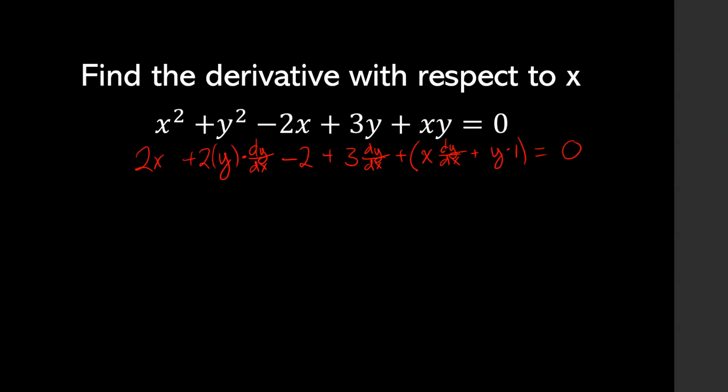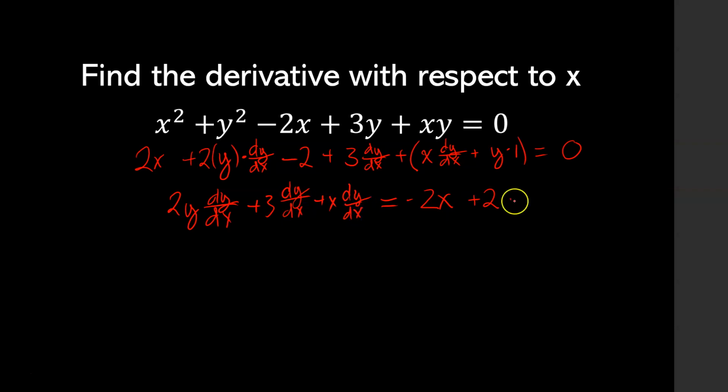Let's see. We knew what our answer was going to look like. That was dy dx, but we have 3 of them. So I'm going to get rid of everything that's not a dy dx. So 2y dy dx stays. And I'll subtract 2x to the right-hand side of the equal sign. Negative 2 doesn't get to stay. It gets added to the right-hand side. So plus 3 dy dx stays, plus x dy dx.